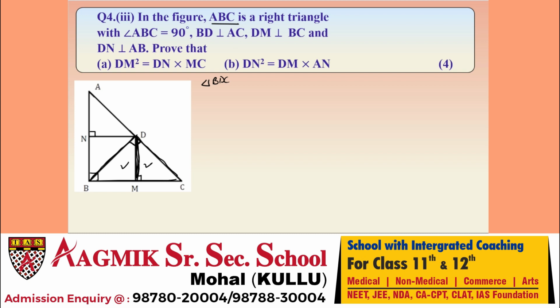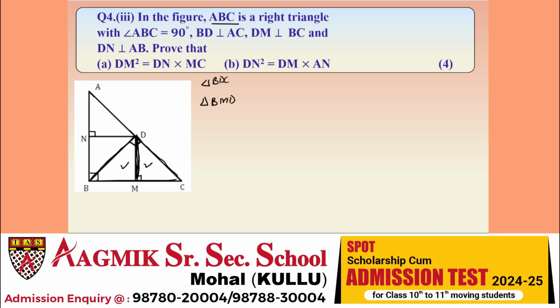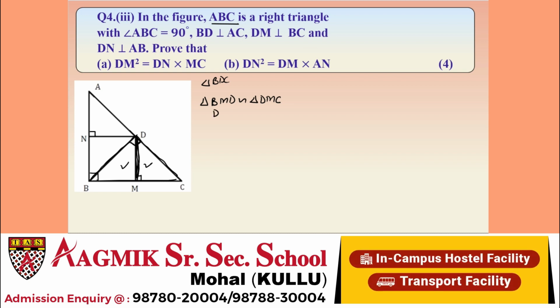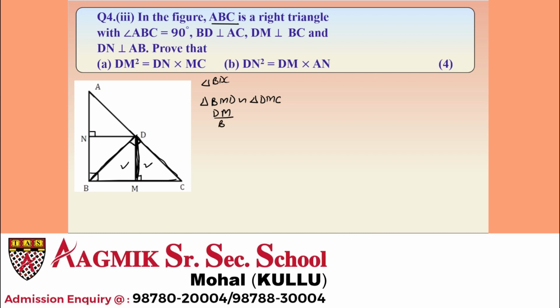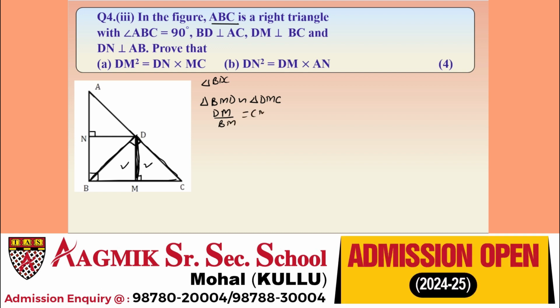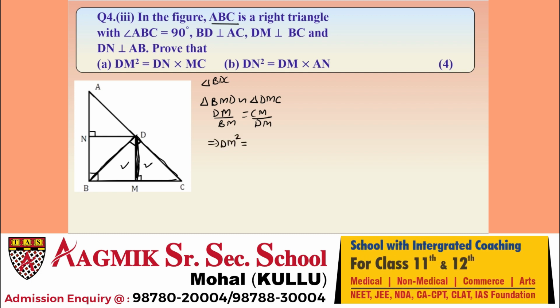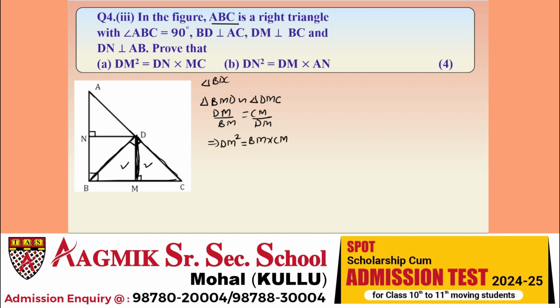So particularly we will have triangle BMD similar to triangle DMC, right? If the triangles are similar, corresponding sides would be proportional. So we have DM upon BM equal to CM upon DM. On cross multiplication we get DM square equal to BM into CM. Let us call this 1.